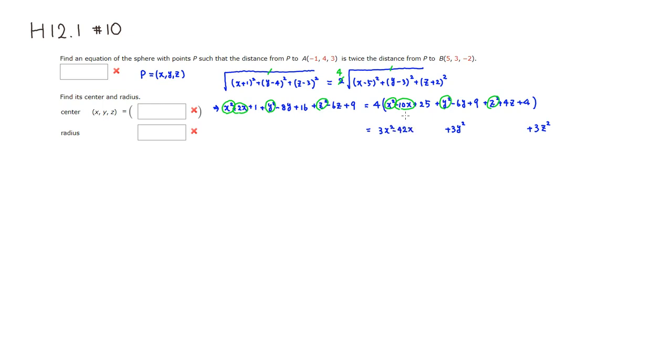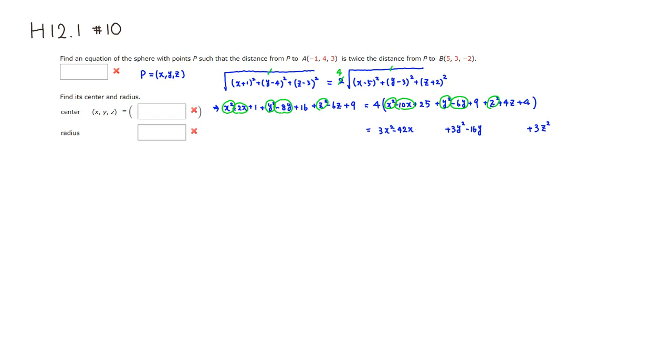Then we have negative 8y here, and negative 24y, so negative 24 plus 8 gives negative 16y.